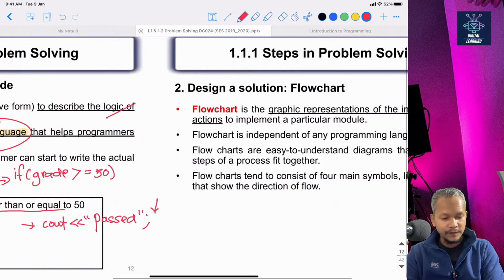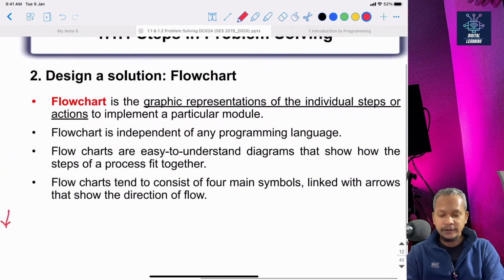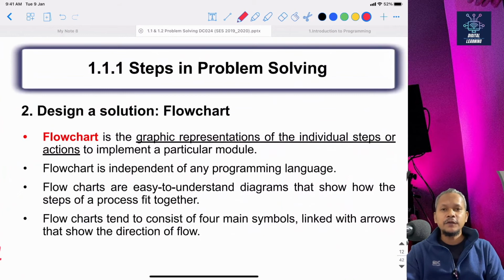Okay, we go to flowchart. What is a flowchart? Flowchart is a graphic representation of the individual step or action to implement a particular module. Flowchart is independent of any program language. It is very universal.